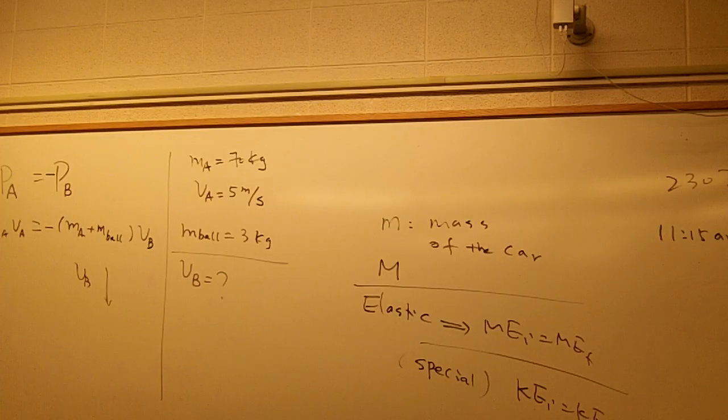You're looking for V_B on the left hand side, on the right hand side. Now we have an equation. To solve this, how do we solve it? You calculate how large this is first. Just do the calculation.